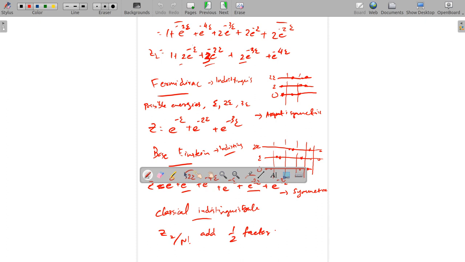So you construct the classically distinguishable partition function of n particles, then you divide it by n factorial. Even if you add two systems, entropy should be additive, so in order to make that you have to include this additional n factorial. I don't exactly remember the paradox. It's the Gibbs paradox.